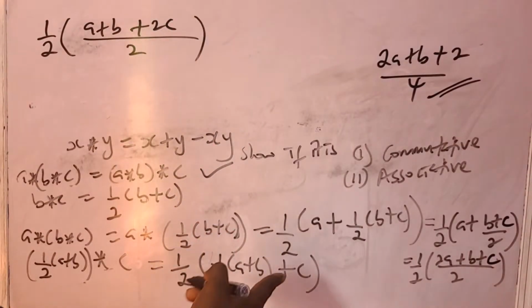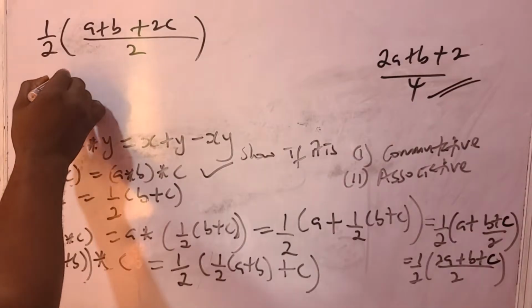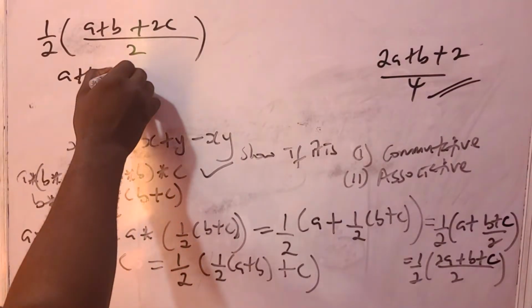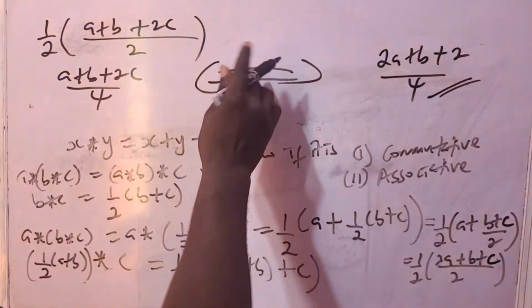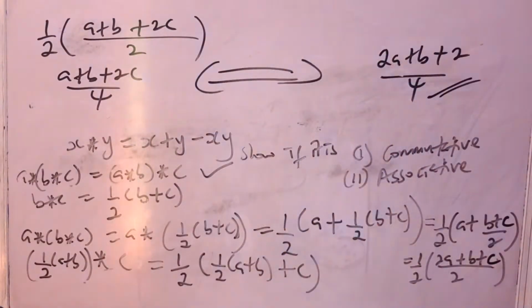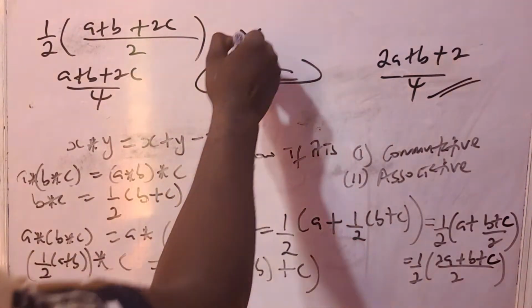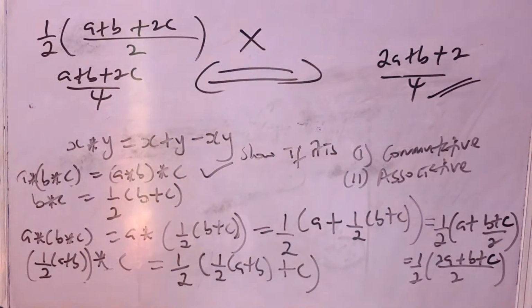If you just do the LCM, there's nothing we are doing other than doing the LCM. This will be a plus b plus 2c over 4. Now, I want you to ask yourself, these two things, are they the same thing? Of course, the answer is no. So that means, even though our first result was commutative, it is actually not associative.